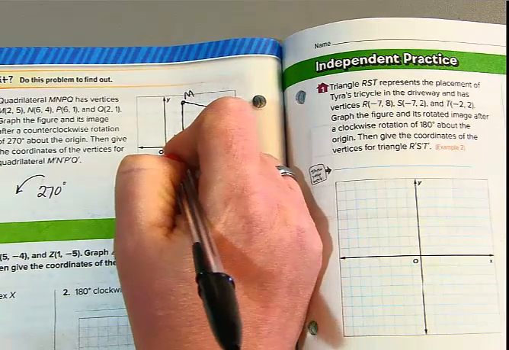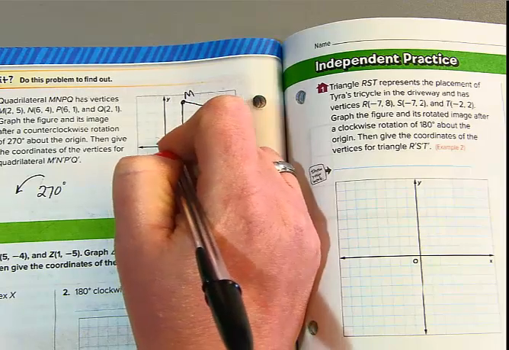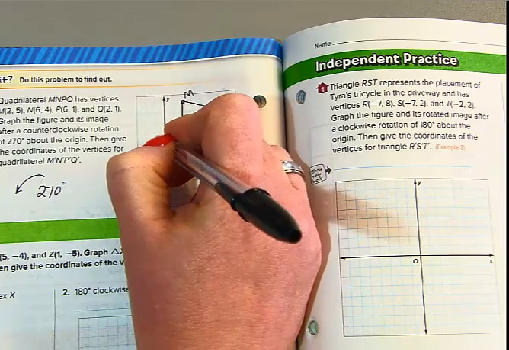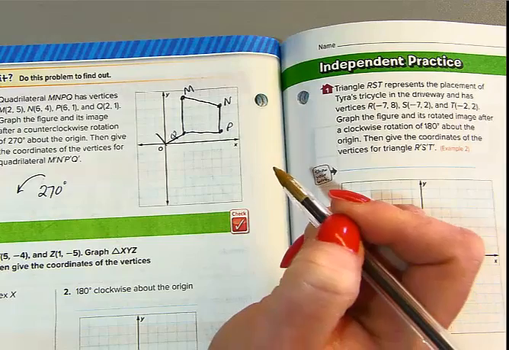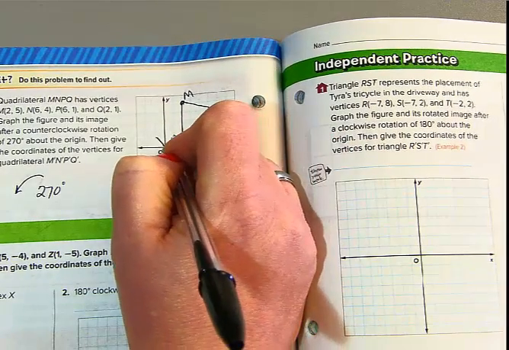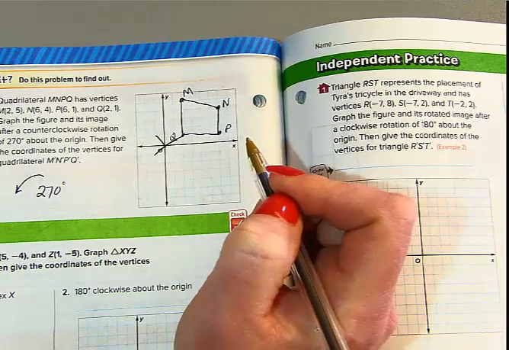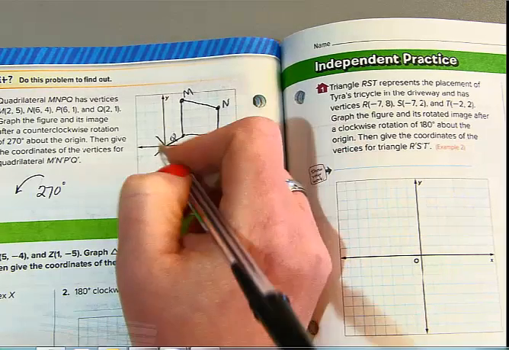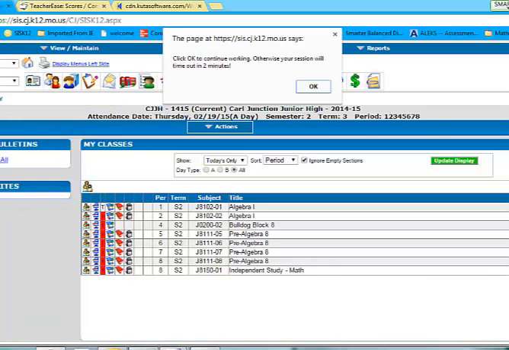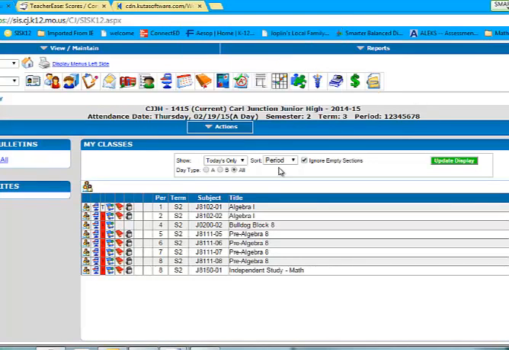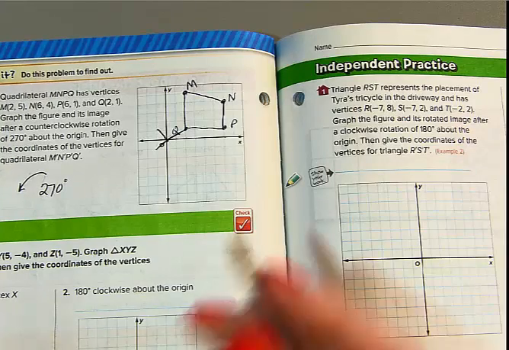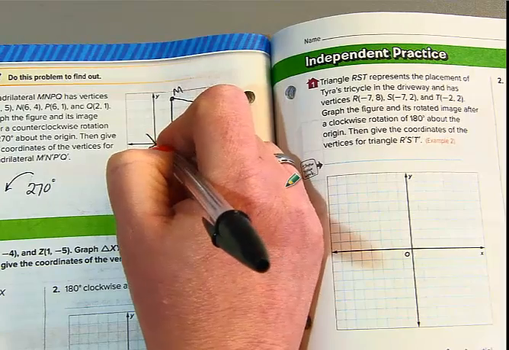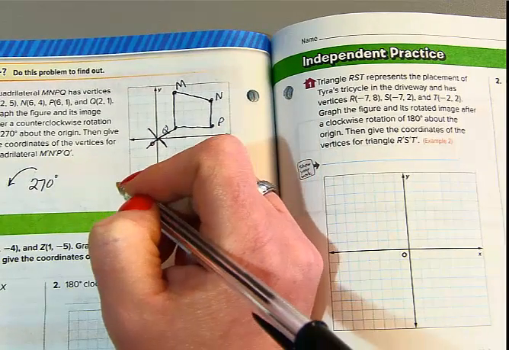Well, if I look at this right here would be 90. A straight line would be 180. So, oops, let me click off of that real quick. So 270 is going to be down here.